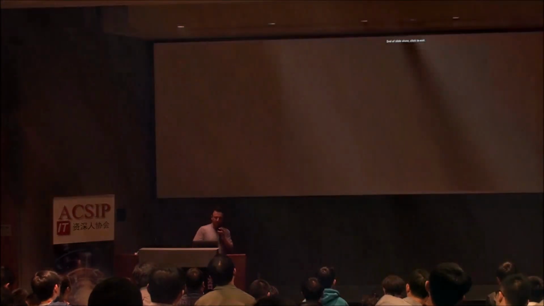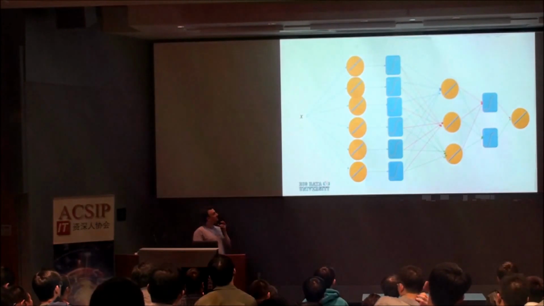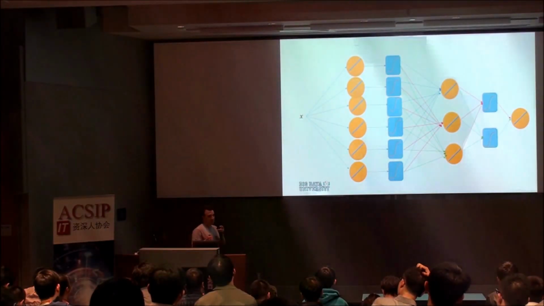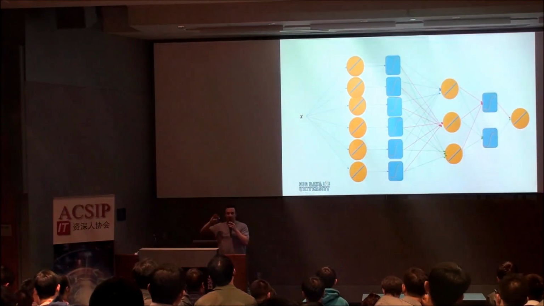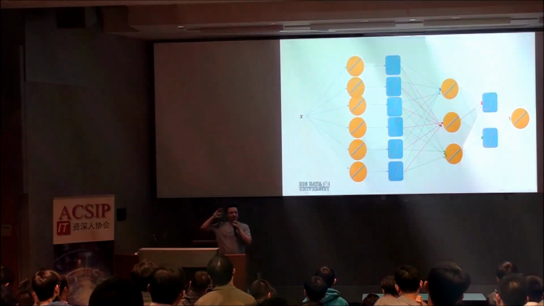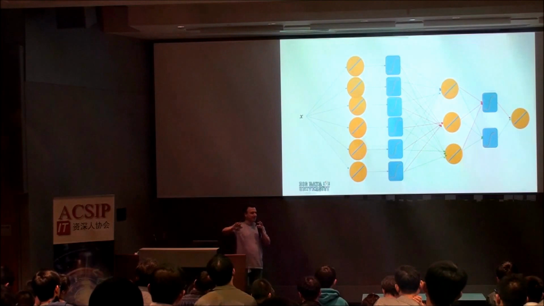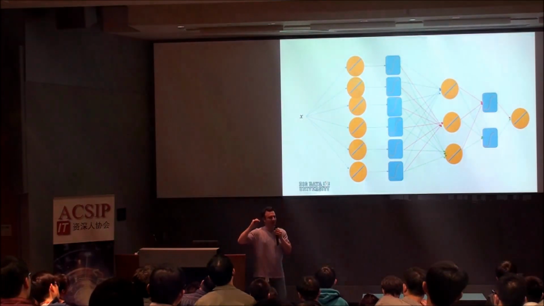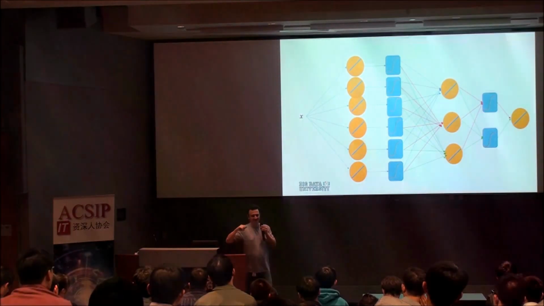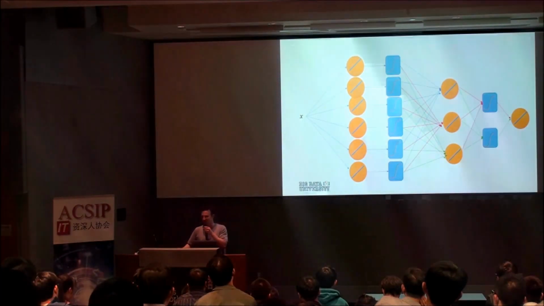This problem was solved in, I think, 2006 by Geoffrey Hinton. And that was like the catalyst of deep neural networks. And then around 2012, ImageNet happened, and that's when it started really hitting the mainstream.